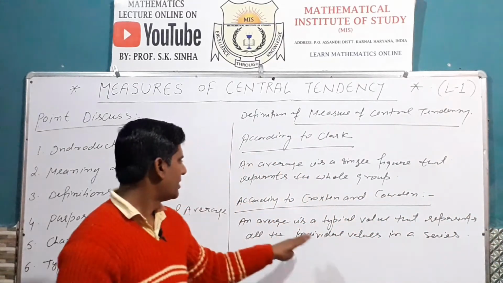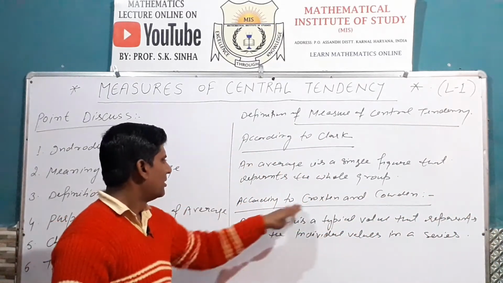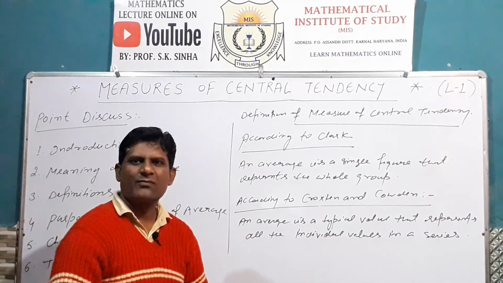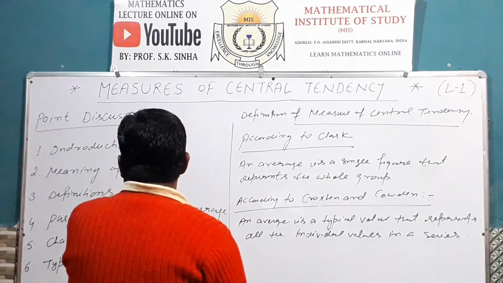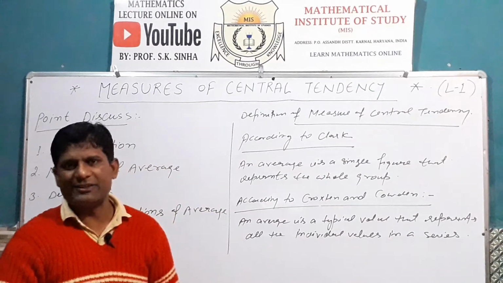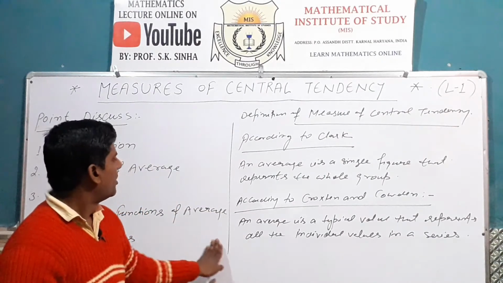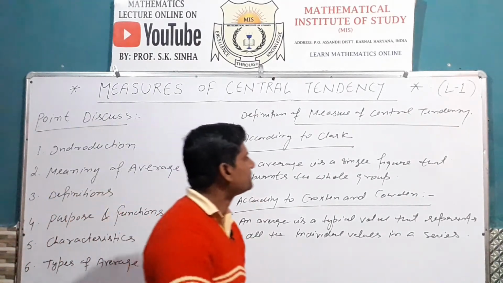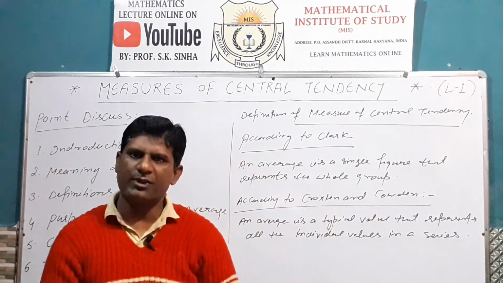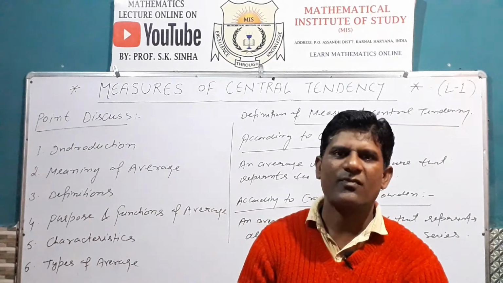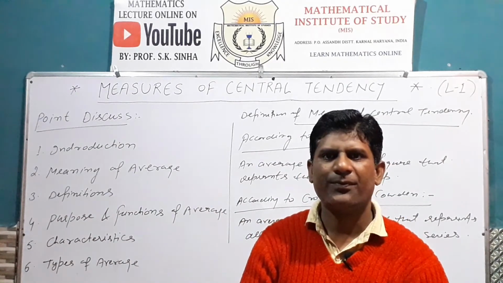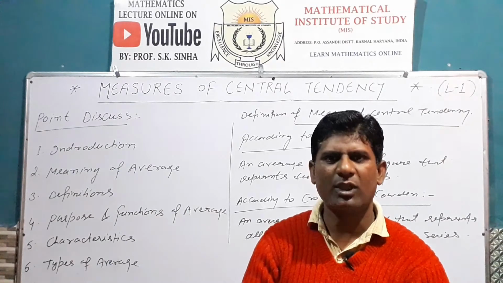According to Croxton and Cowden. So this is the definition of the measure of central tendency, or average, according to Clark and Croxton and Cowden. Okay.